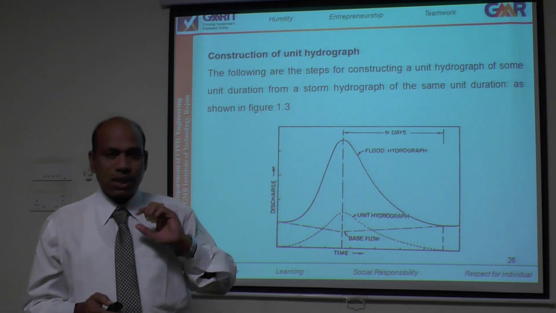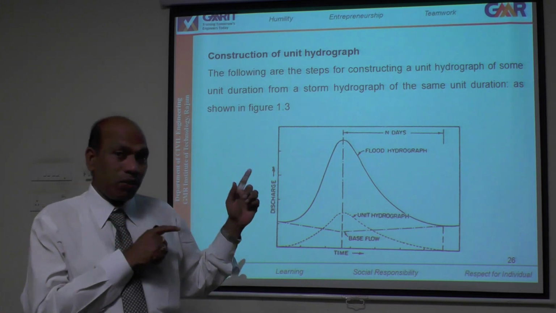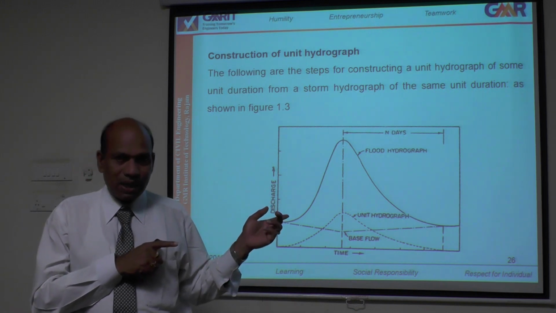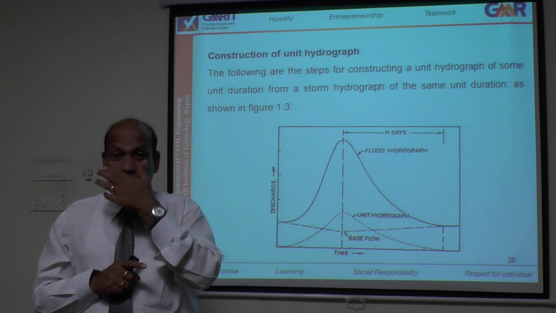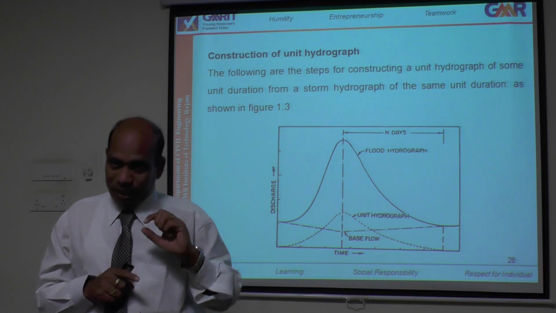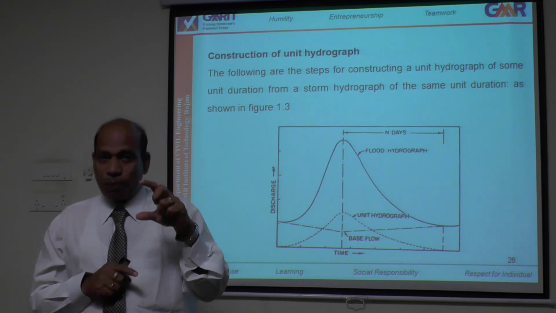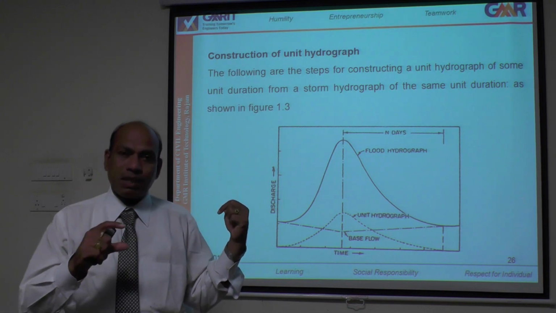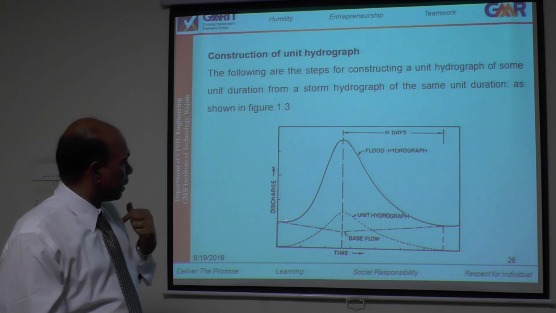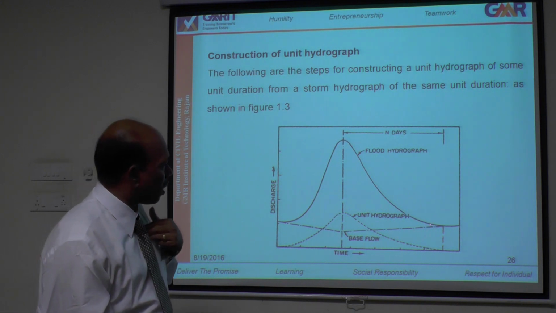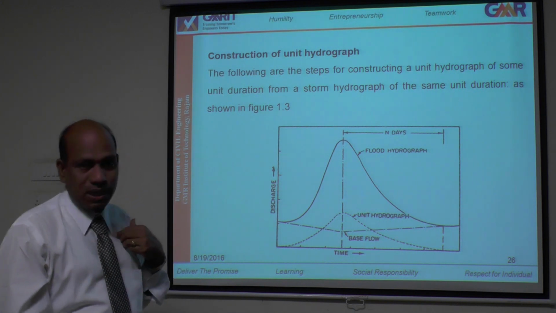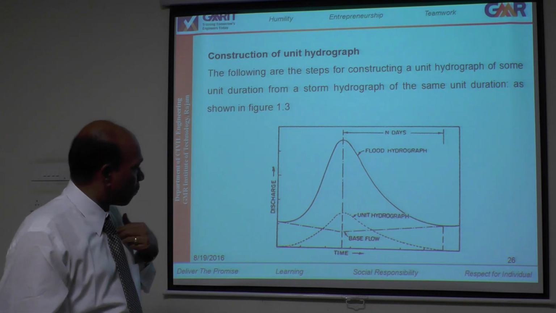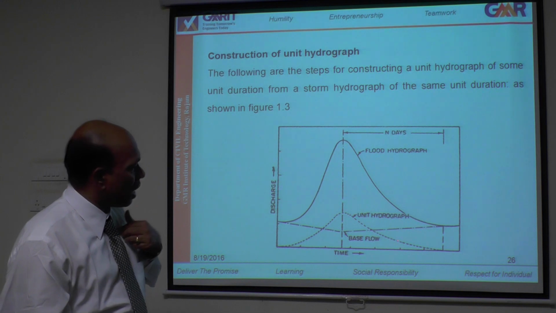runoff depth. 1 centimeter runoff depth means, already we solved one problem earlier, the direct runoff depth equal to 5.9 centimeters. Instead of 5.9 centimeters, unit hydrograph represents only 1 centimeter. For example, this flood hydrograph is for 5.9 centimeters. Then, with respect to unit hydrograph, for 1 centimeter rainfall, this is the hydrograph.